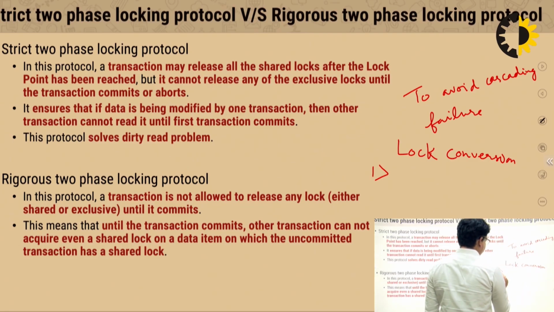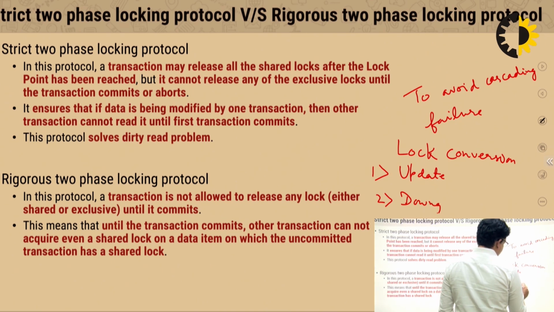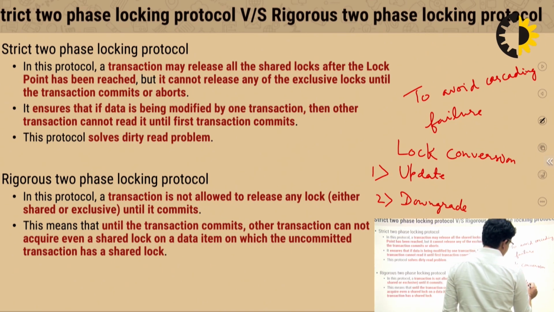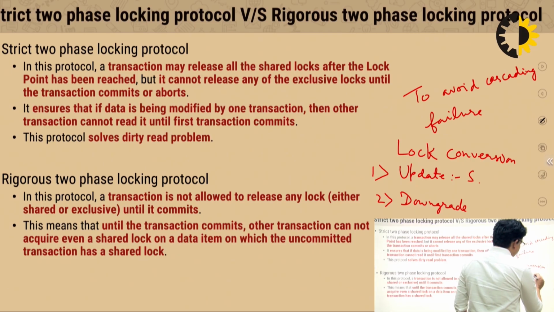One is upgrade, and the second is downgrade. Upgrade means we are converting the shared lock into an exclusive lock, and downgrade means we are converting the exclusive lock to the shared lock.